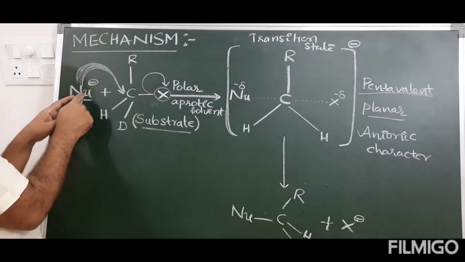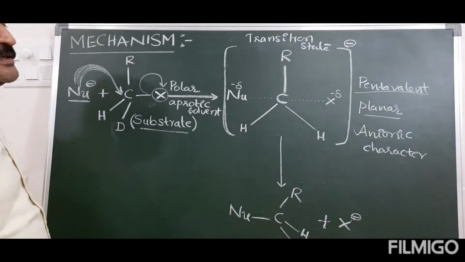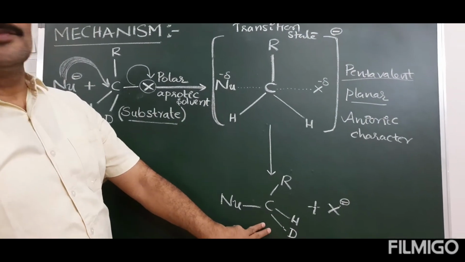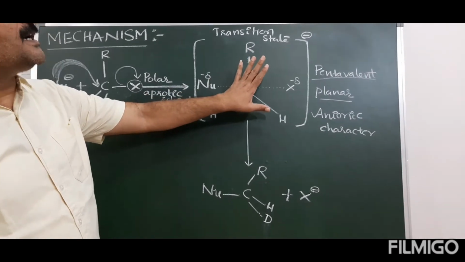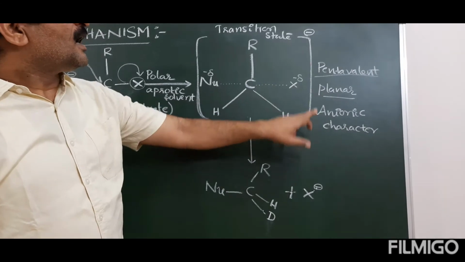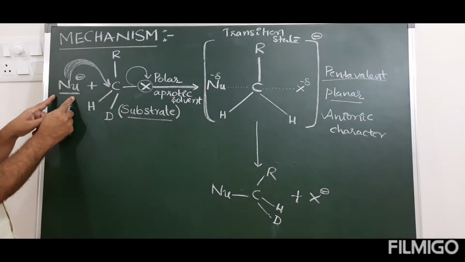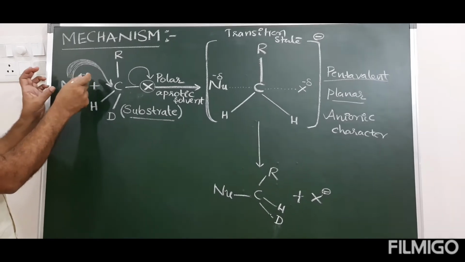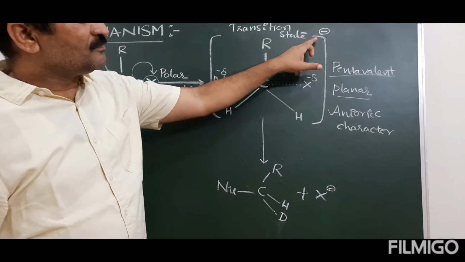That made a bond with the nucleophile. In the meanwhile, this group will be eliminated, and finally you get this product. That's why carbon is pentavalent, and this molecule is planar, and it has an anionic character, because to the neutral species you are adding the nucleophilic group. So the total charge will be negative.